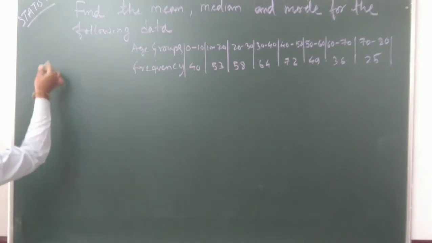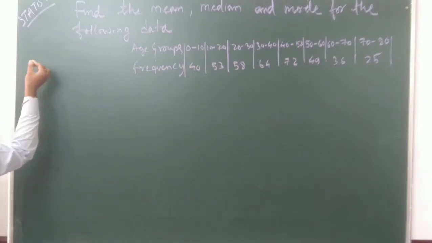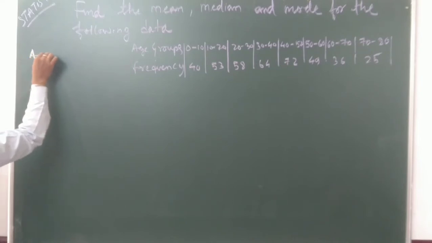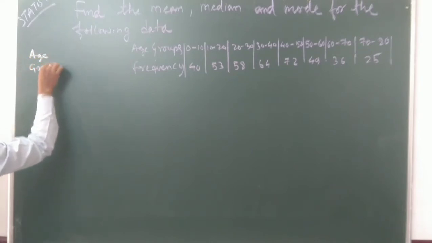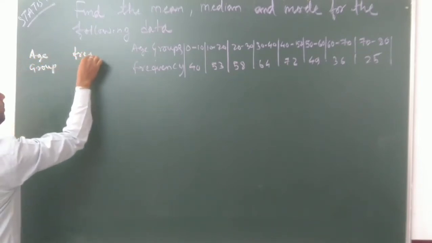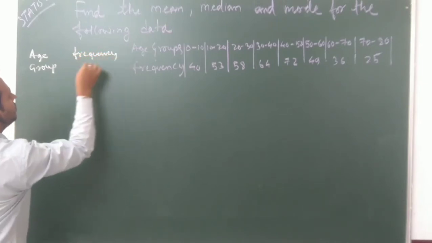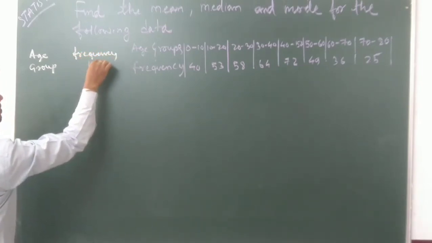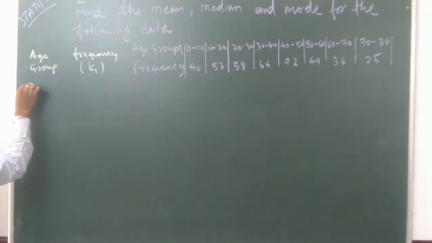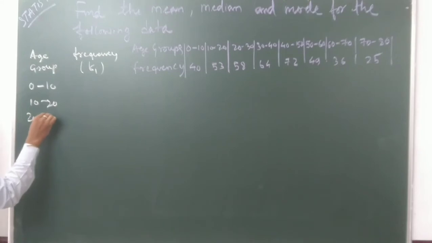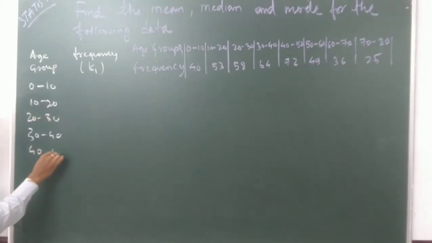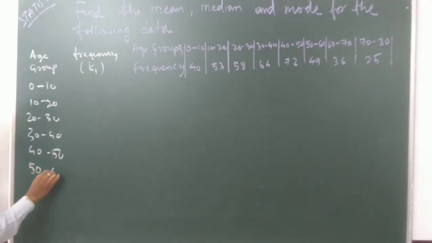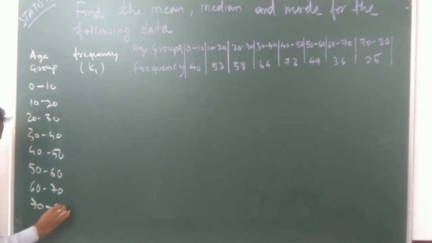So here first we need the age group and frequency. This is your fi. Starting with 0 to 10, 10 to 20, 20 to 30, 30 to 40, 40 to 50, 50 to 60, 60 to 70, and the last one is 70 to 80.